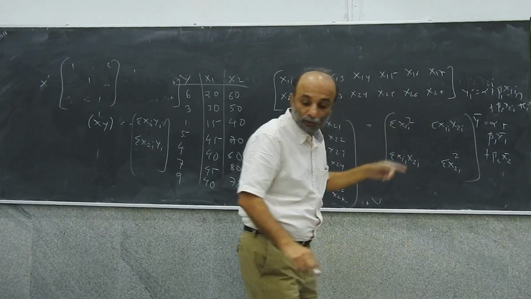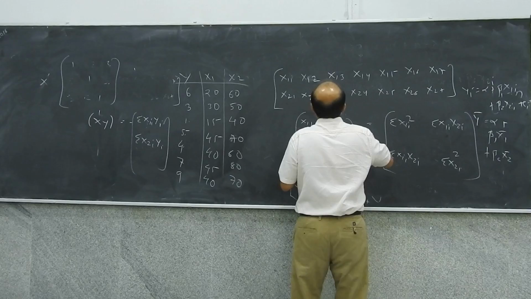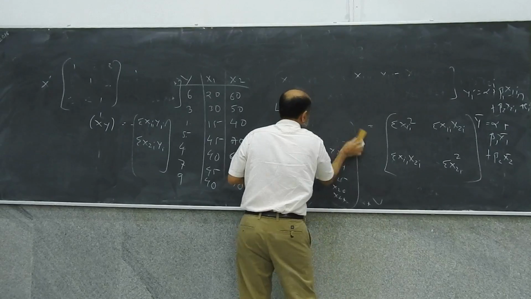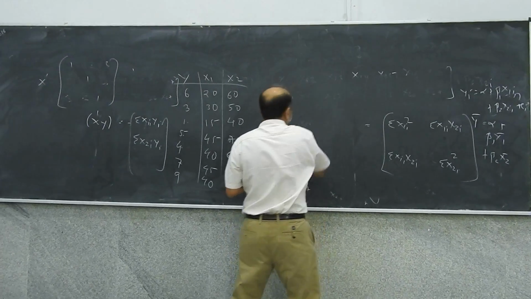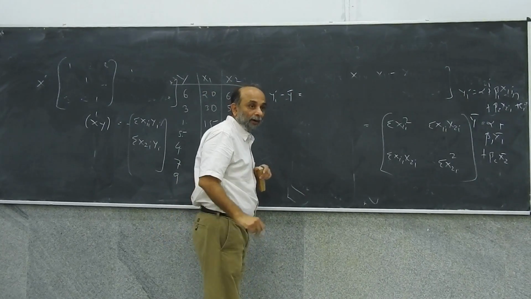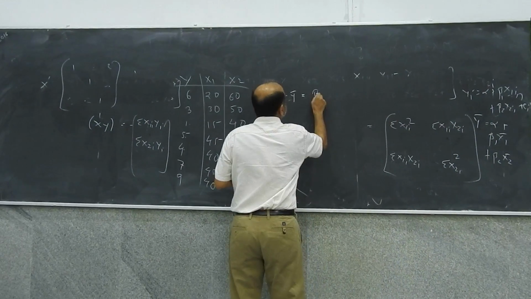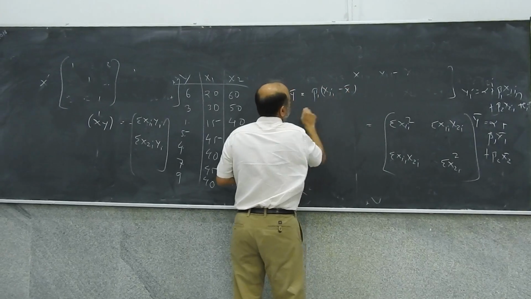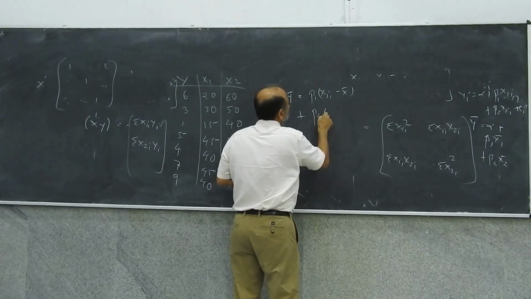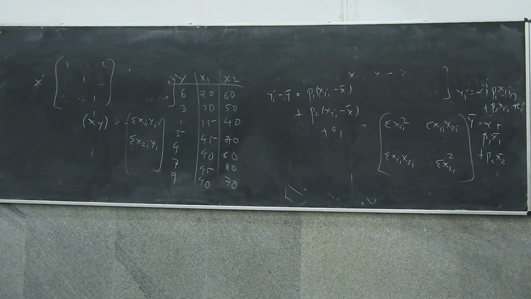Now if I subtract y bar from yi, alpha minus alpha will go, and the ei from the original equation will remain.